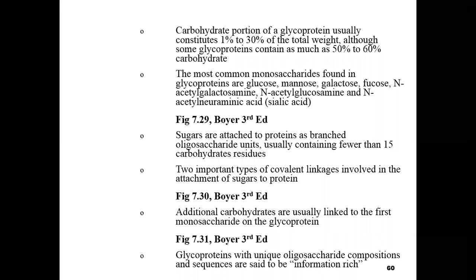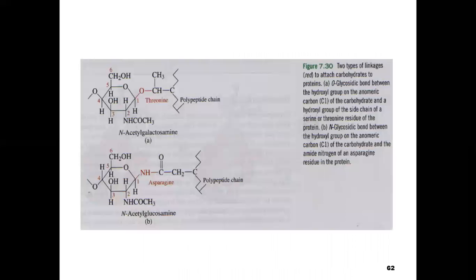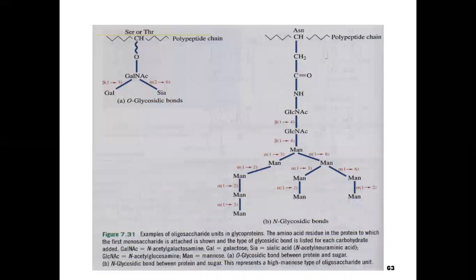Additional carbohydrates are usually linked to the first monosaccharides on the glycoproteins. There may be attachment of chains. Here you can see that asparagine is attached through the N-glycosidic linkage to the N-acetyl glucosamine. This N-acetyl glucosamine is attached through a beta-1,4 linkage with another N-acetyl glucosamine unit, and then further mannose subunits make the branches.